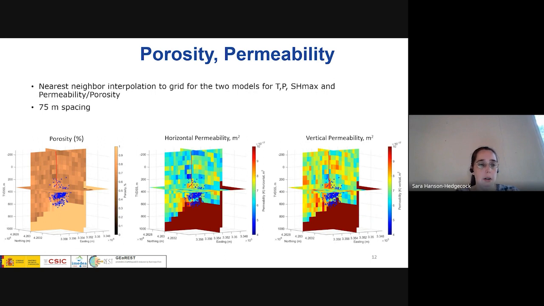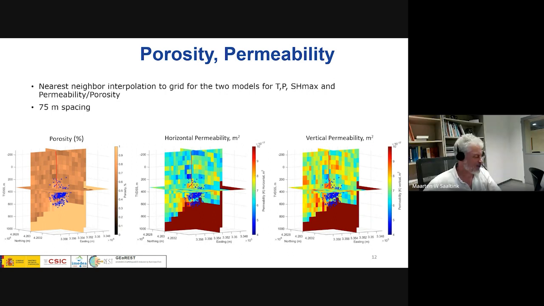And the microseismic also gives you an idea of where you're getting increased porosity and permeability. So being able to take that real-time data is important as the next step in terms of updating your model in real time. Okay, thank you.